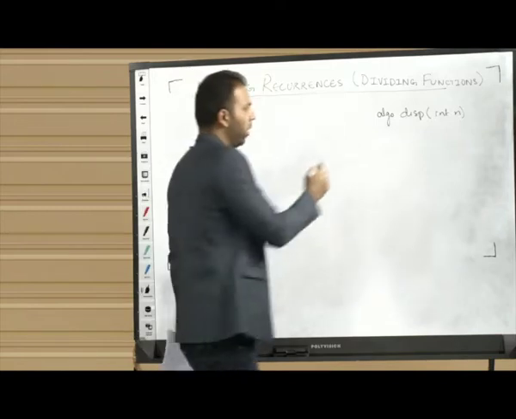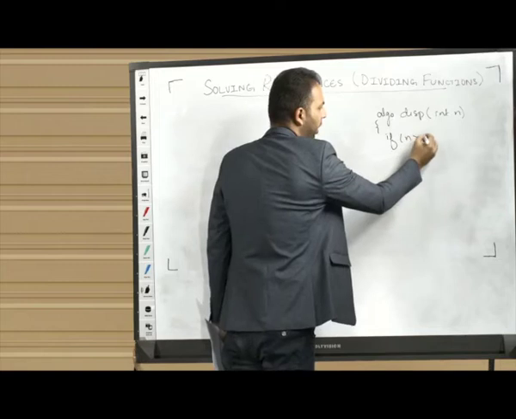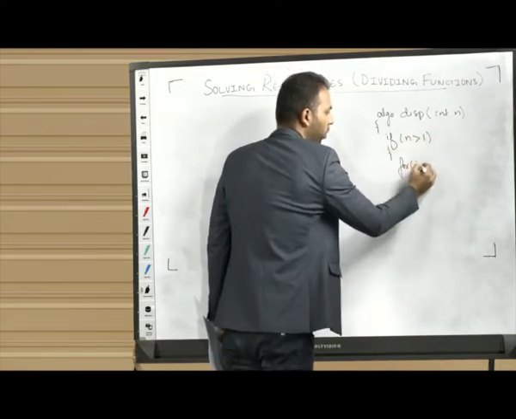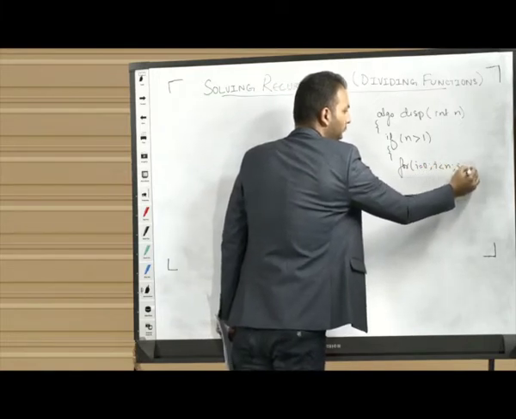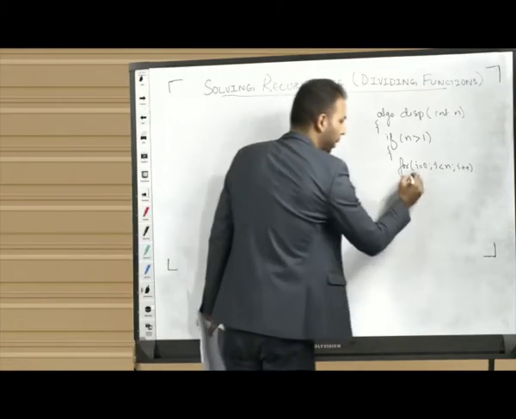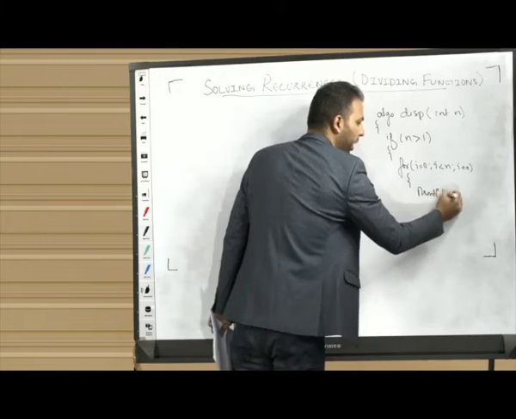Okay. So again, if n is greater than 1, what will we do? Here, instead of printing n one time, I'm printing it n times. Again, I'm using a printf statement.